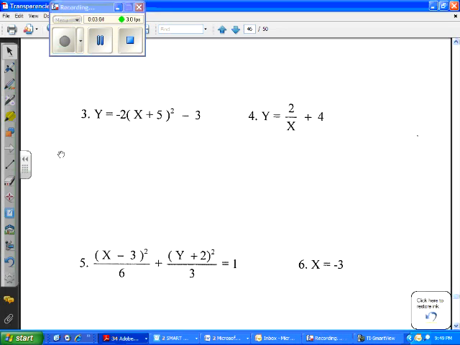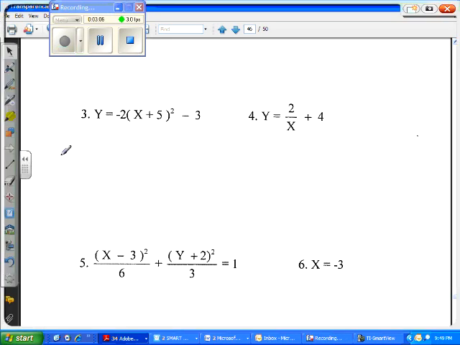Number 3 is a quadratic. We can find the vertex of the quadratic. We can find the line of symmetry of this quadratic just by looking. But that's not going to give us enough information to make a good graph.